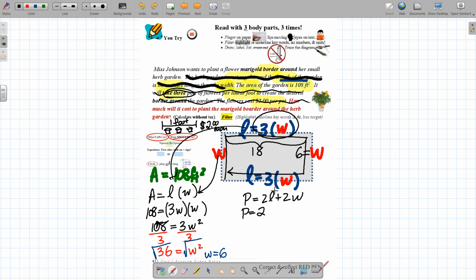And they cost $2 each. So cost-wise, you simply double it. You should have gotten $288 for the marigold border. Check your work, red pen.